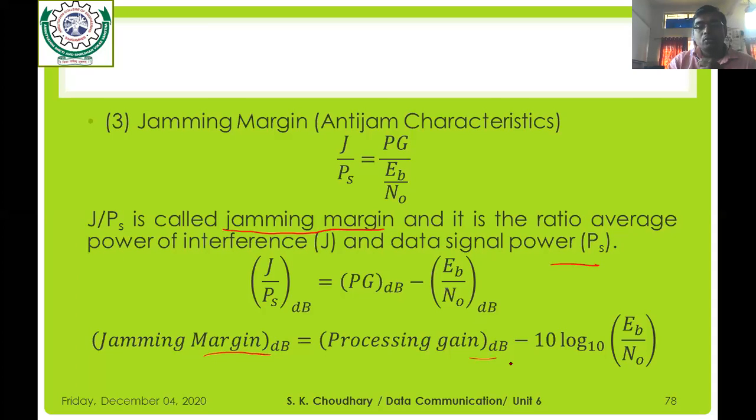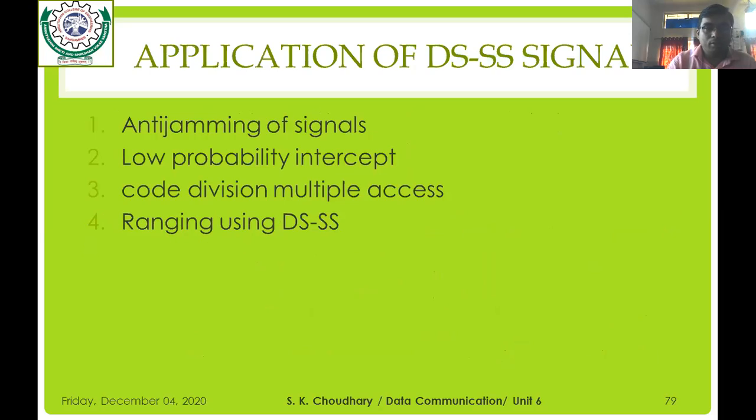Okay. So these are the three important performance parameters of the DSSS system. Sometimes numericals are asked on these three parameters, so you have to remember the formulas so that you can solve the numericals.